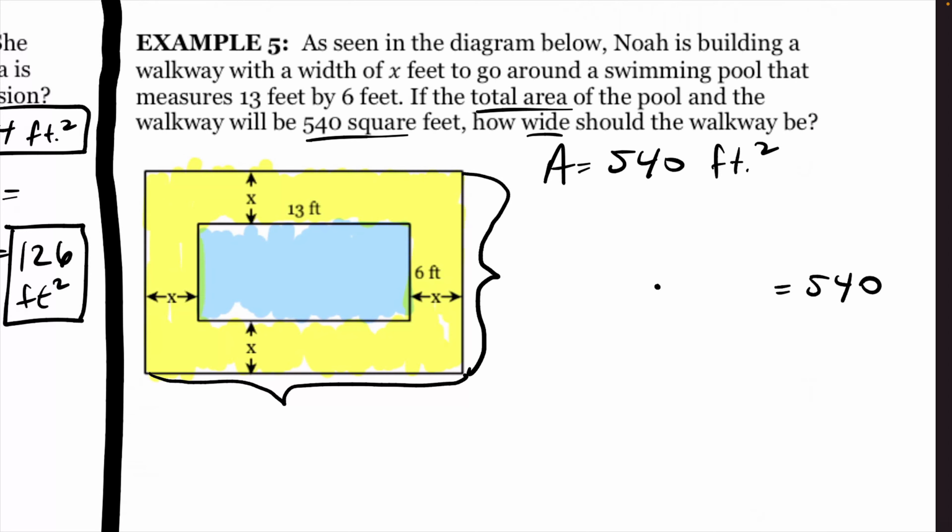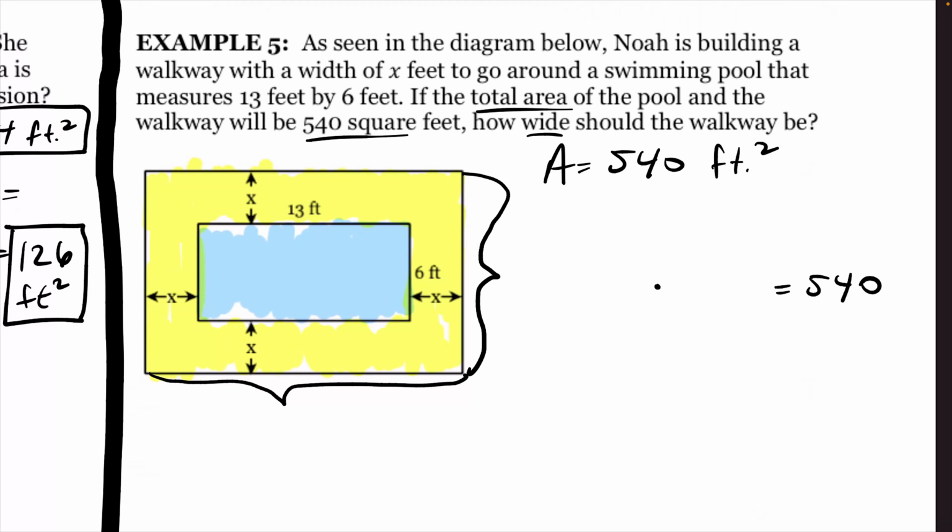What is the length? How much of it do we know? Use X. So we're going to use X. We're definitely going to use X because some of it I don't know.